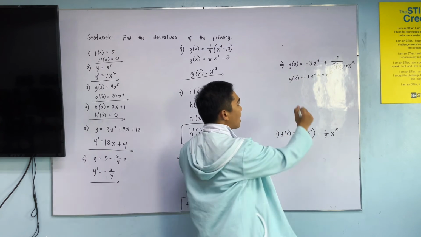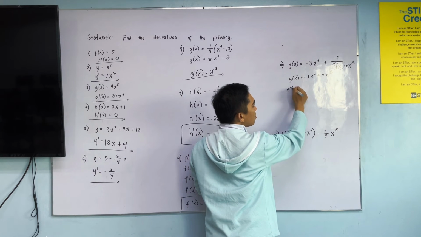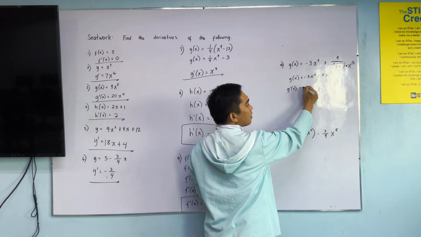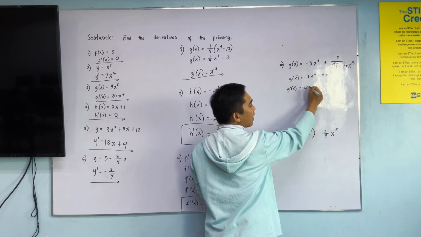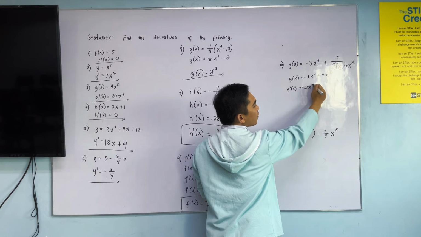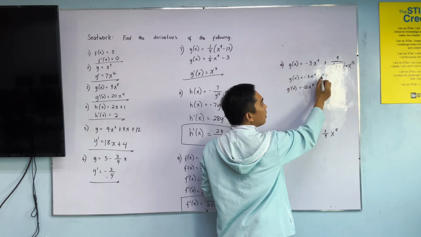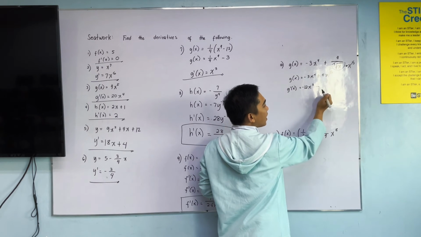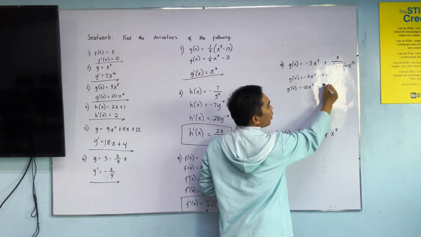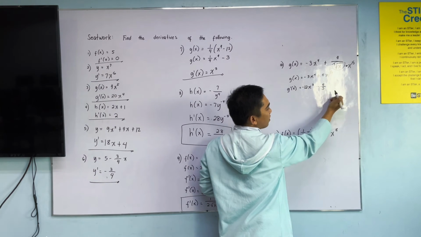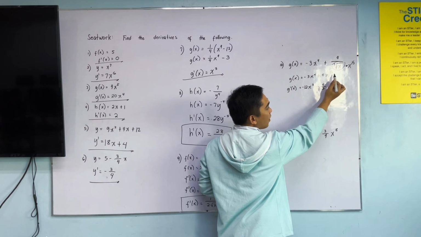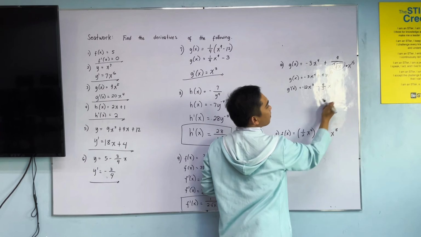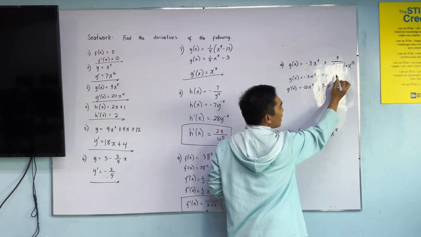If that's the case, pwede na natin kunin yung derivative using our previous rules. Negative 3 times 4, negative 12. Copy x. 4 minus 1, so we have 3. Minus, bakit minus? Kasi positive times negative is negative. 4 over 3. 4 times negative 1/3 is negative 4 over 3. Then x, ito, separate natin yung solving.